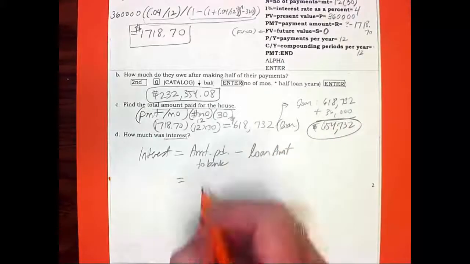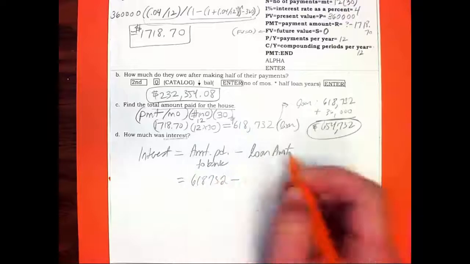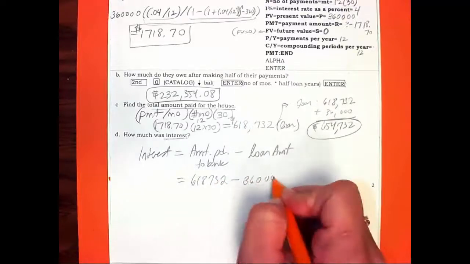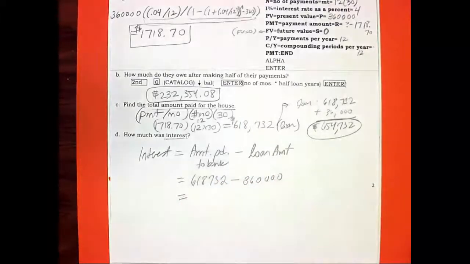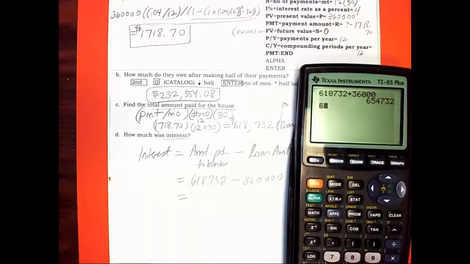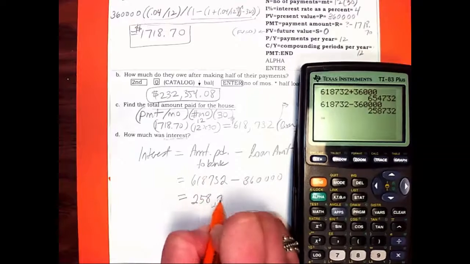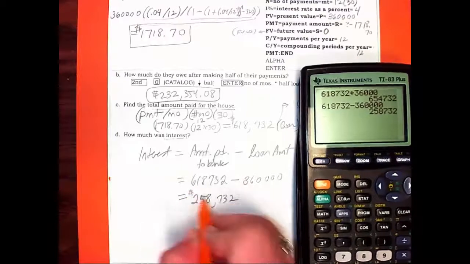So we paid in, or they paid in, $618,732, but the loan amount was only for $360,000, which means the interest paid would be a lot. $258,732 in interest.